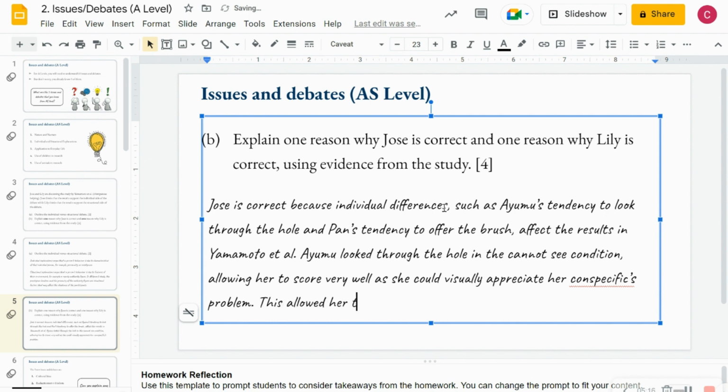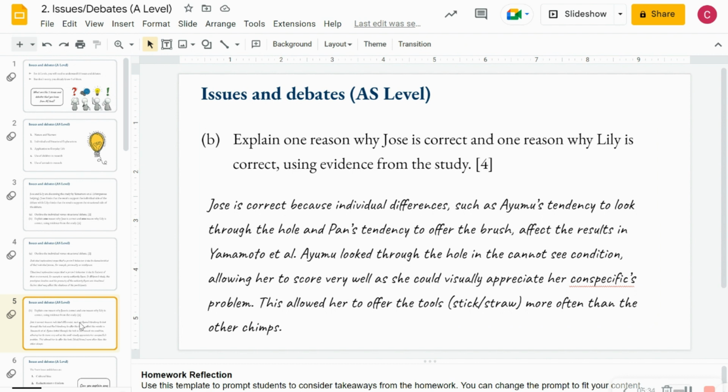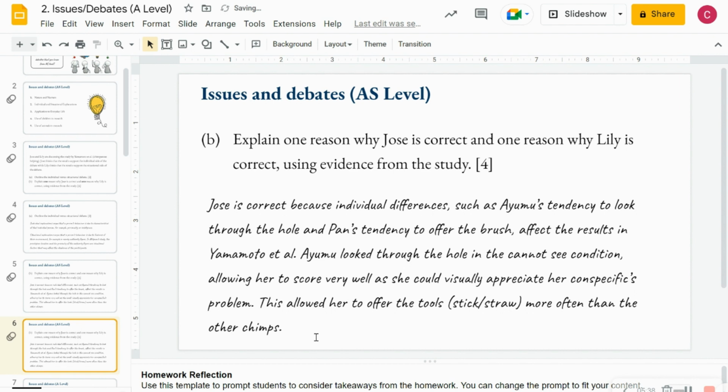This allowed her to offer the tools, stick or straw, more often than the other chimps. If you're struggling to follow what I'm writing, that might be a sign that you need to review the Yamamoto study if you have not done your AS exams yet. So that's Jose is correct.